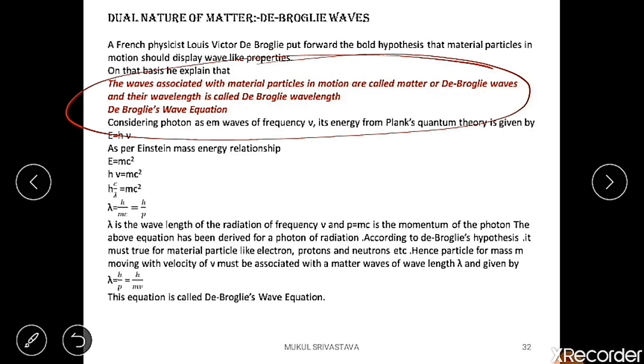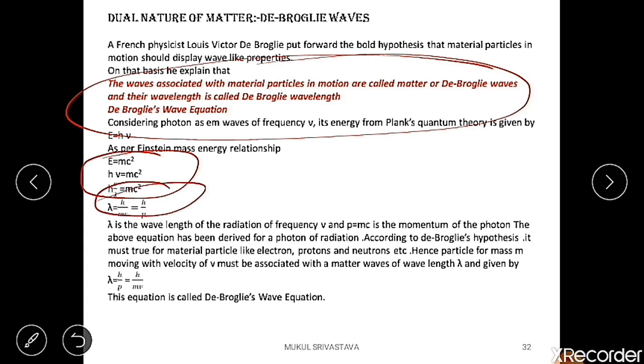We get h nu equals mc square, and nu is replaced by c by lambda here, so hc by lambda equals mc square. In that case, lambda equals h by mc, and that is again h by p, where lambda represents the de Broglie wavelength, nu represents the frequency of the radiation, and p represents the momentum of the photon in this equation here.